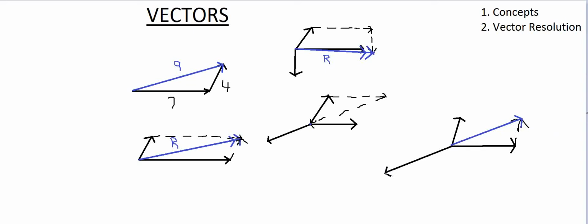So this is the resultant force. Let's say it has a magnitude of, I don't know, r.